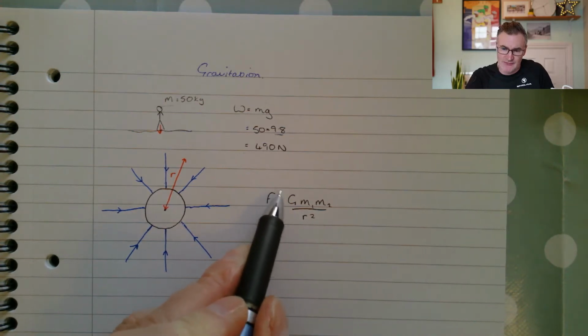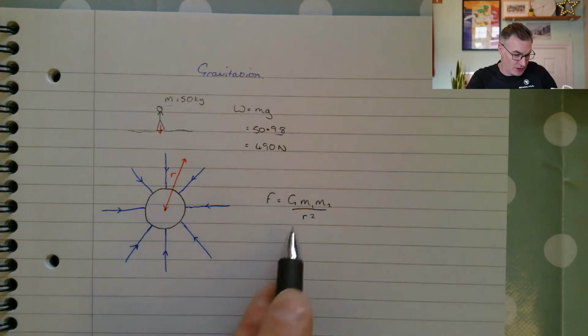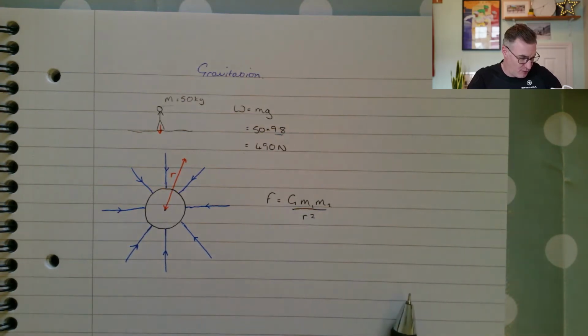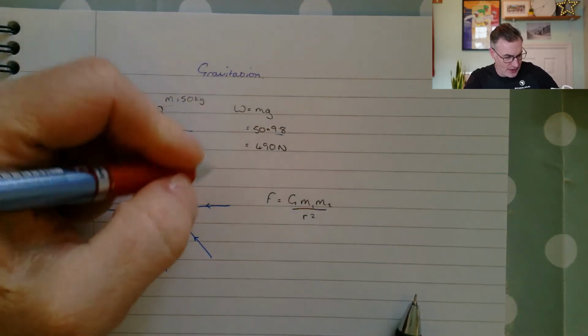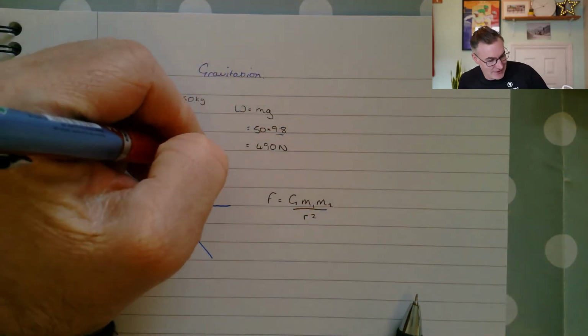So the force is inversely proportional to the square of the radius, and it's directly proportional to m1, which would typically be the mass of the planet or star, whatever is setting up the gravitational field. Just like electric field strength, we have the object that creates the gravitational field, and then the object that's in that field.